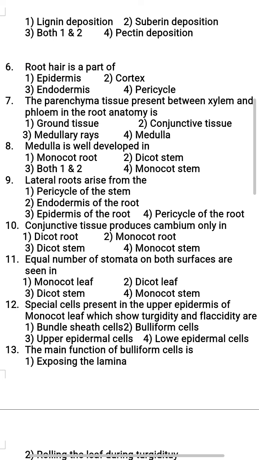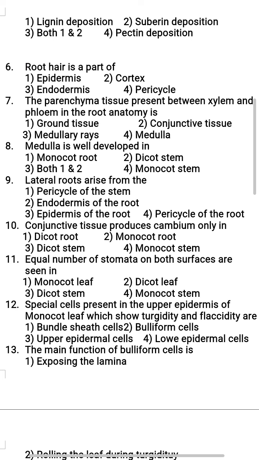Students, the most important point to be discussed here is about root hairs. Root hairs are projections of the epidermis. They vary in shape and structure between a dicotyledonous root and a monocotyledonous root.